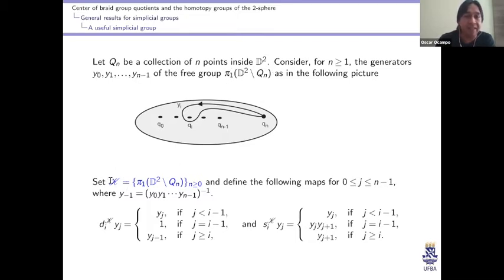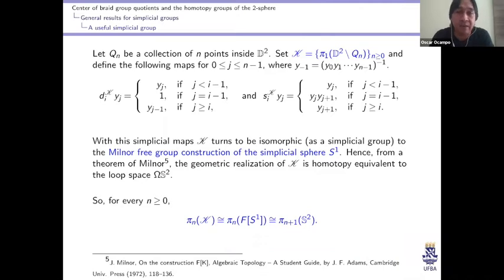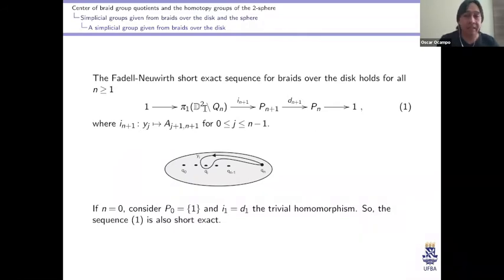We say that the collection K given by this total collection of free groups is a simplicial group, and is isomorphic as a simplicial group to the Milnor free group construction of the simplicial sphere S1. So we know that Pn of K is isomorphic to P_{n+1} of the sphere. So this collection K is very important, and it will appear as the kernel of the last forgetting map.